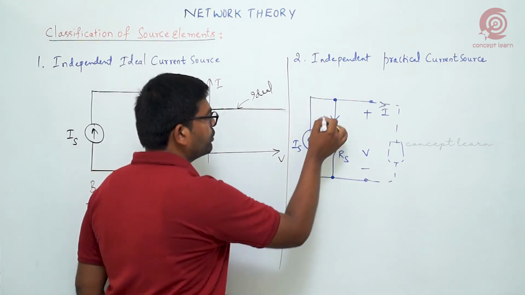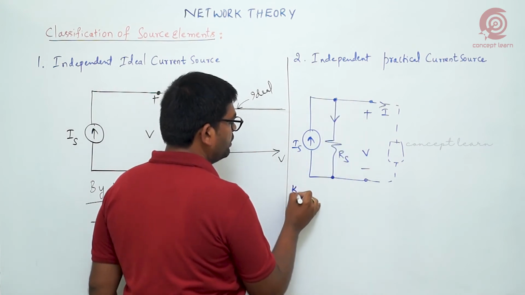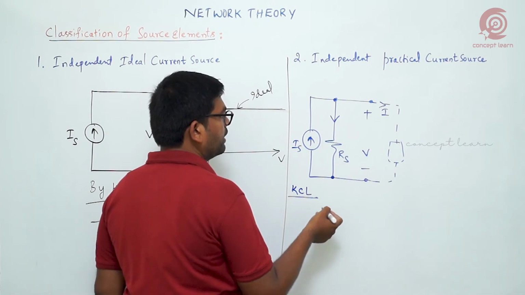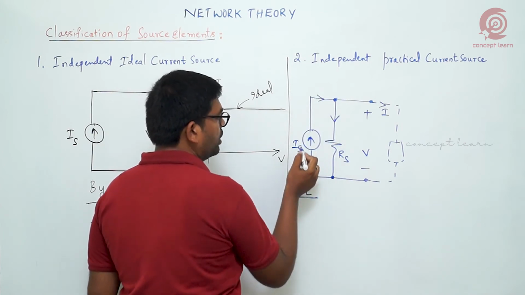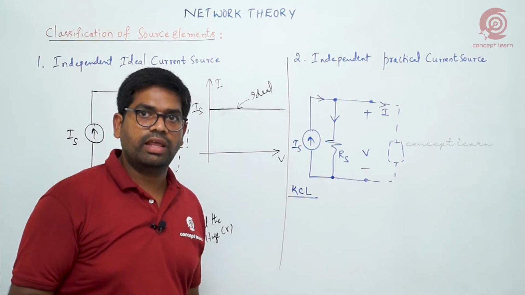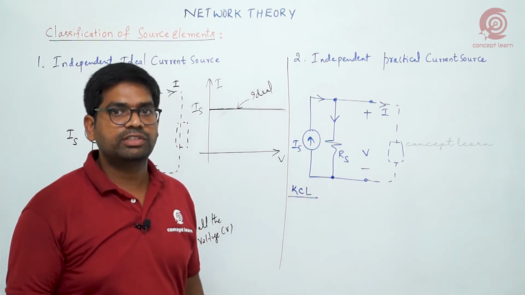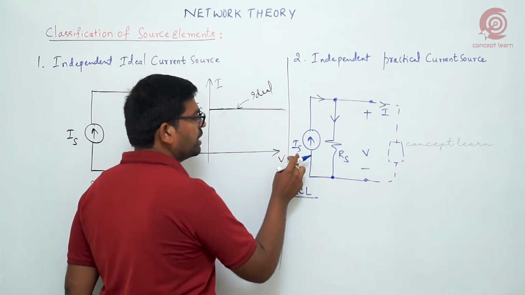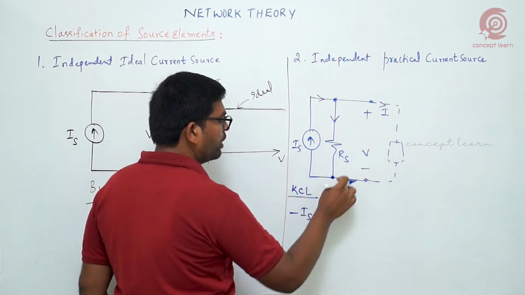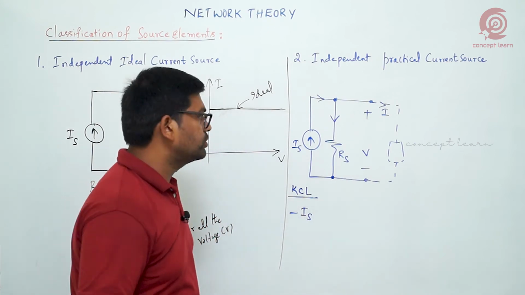At this moment, if you write KCL at this node, if I choose this current direction, the incoming current is Is. As I said, if you choose one notation for incoming, outgoing must be the opposite. Here I am choosing incoming with the negative sign, that is minus Is. These two are outgoing branches, so I place positive signs.